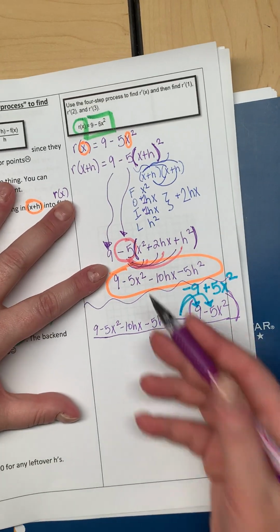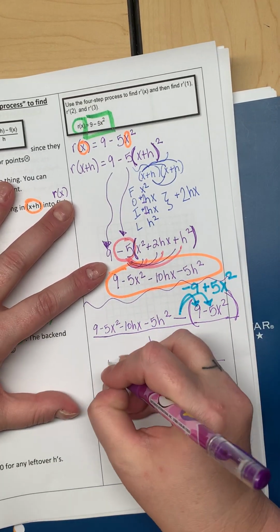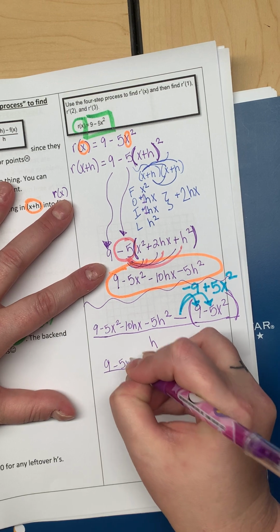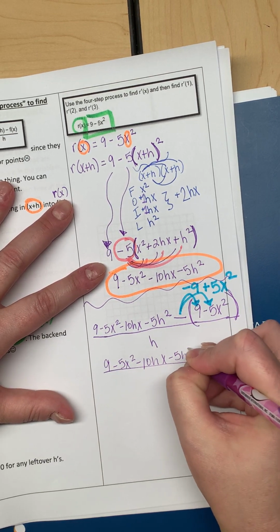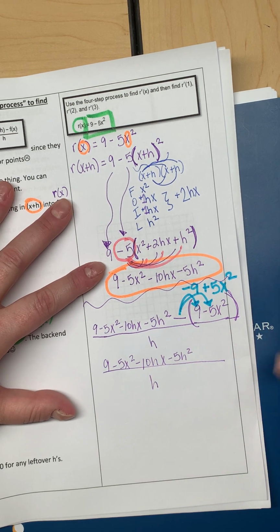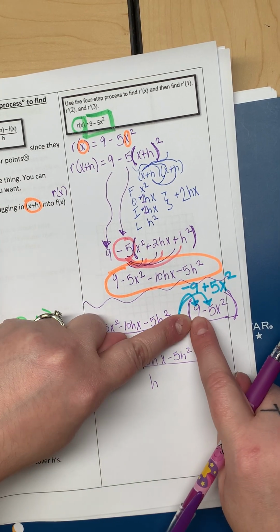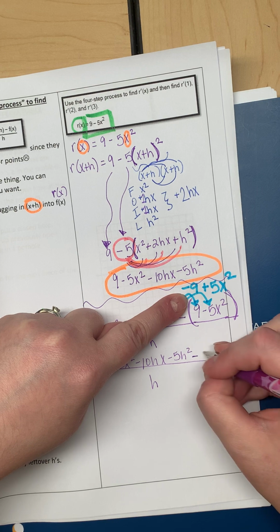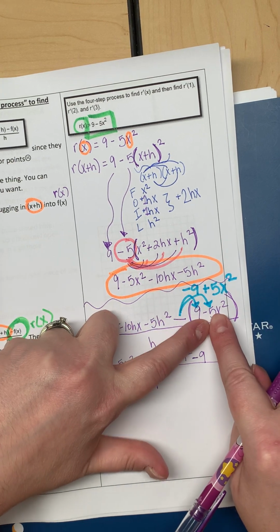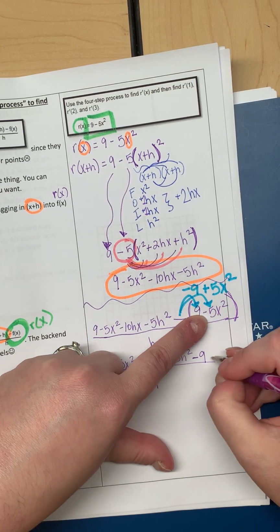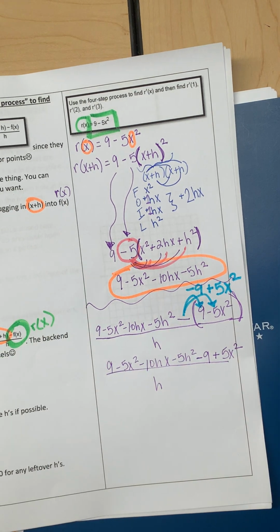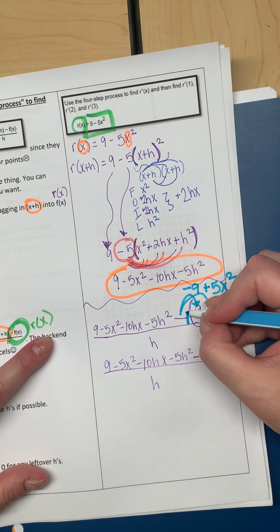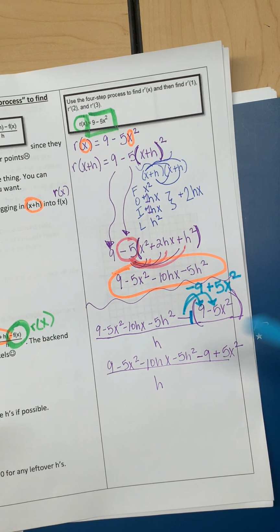Okay, so everything is the same except for this 9 at the back end is now a -9. This -5x squared at the back end is now a +5x squared. And that happens because we multiply this -1 before the parentheses to everything afterwards.